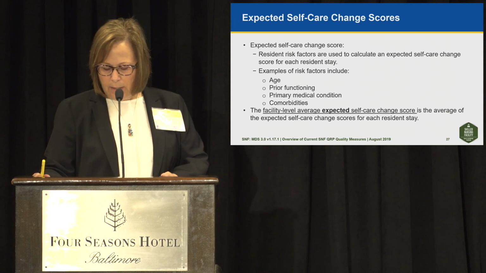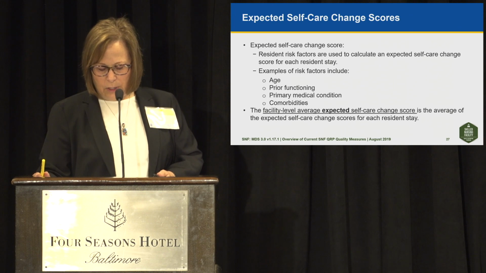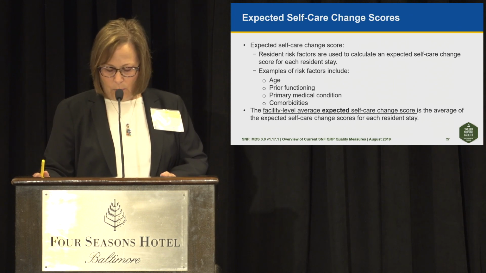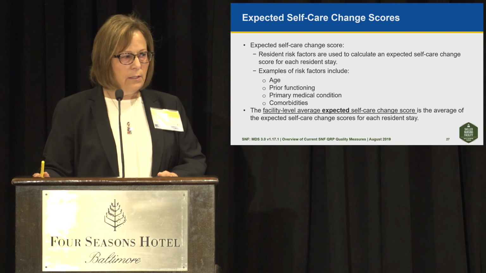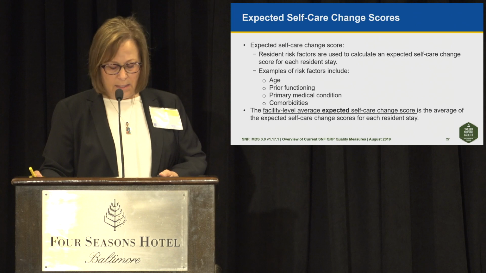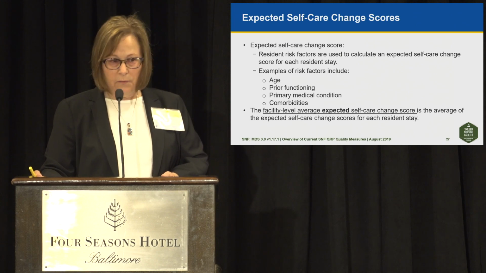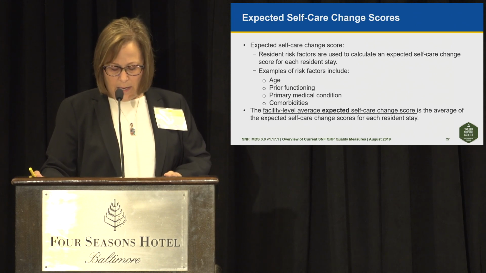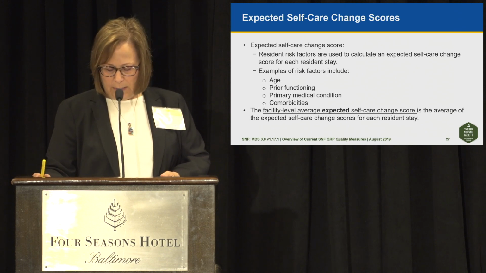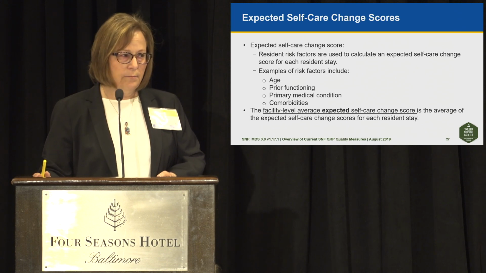The measure calculations used in the change function measures use both observed score and expected scores. After you calculate the observed score for each resident stay, the next step is to calculate an observed change score and then the expected change score for each resident stay and for the facility.